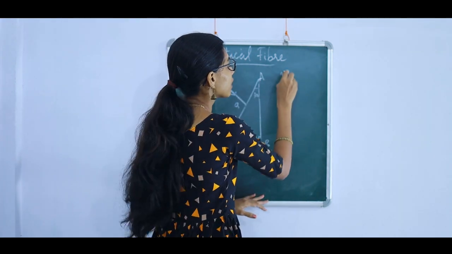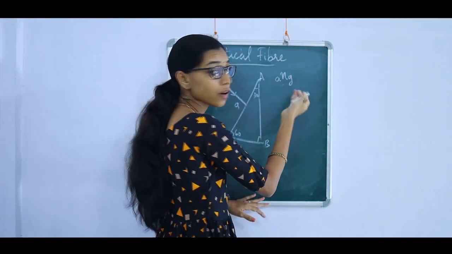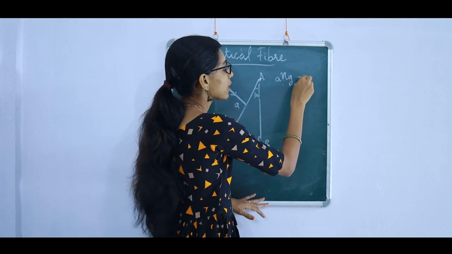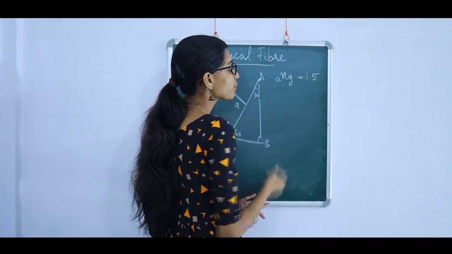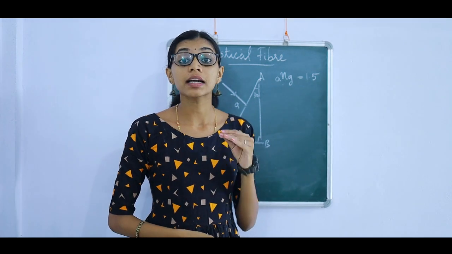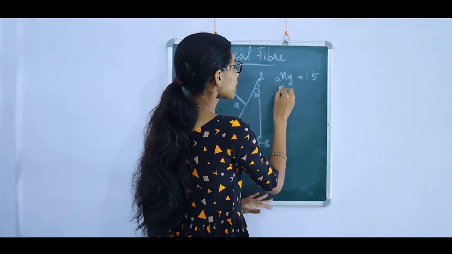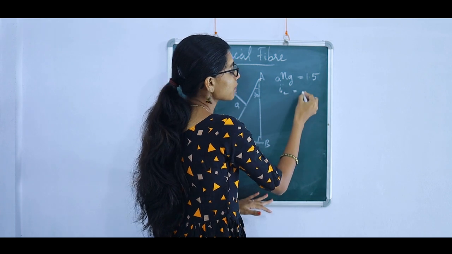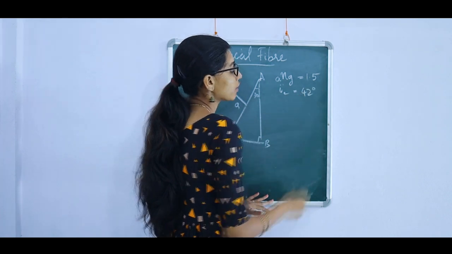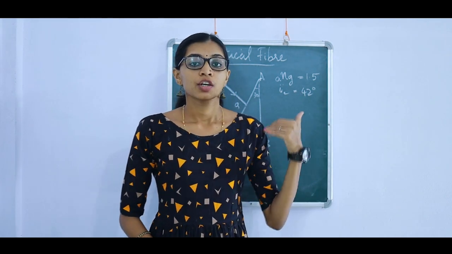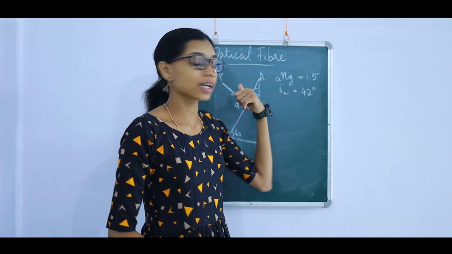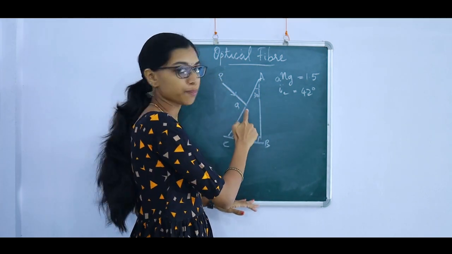So you are given the refractive index of glass with respect to air, that is 1.5, and one more thing, the critical angle. Critical angle of the prism is 42 degree. So this is the figure. You have to complete the path of PQ.